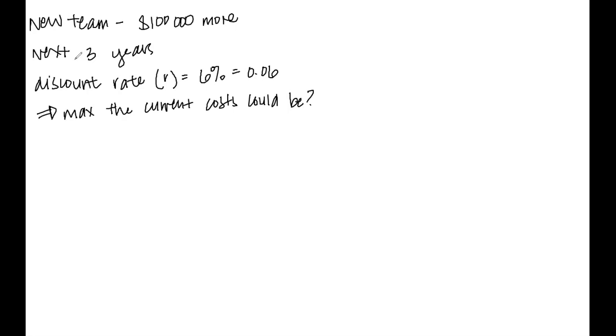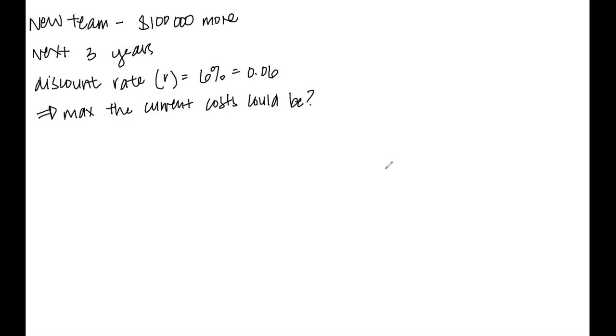But then they ask us what the current costs are, and the current costs we're not going to discount. Remember what I said last lesson: anything that's happening in this period or currently isn't going to be discounted, but once they talk about the next year or over X amount of years, it will be discounted.